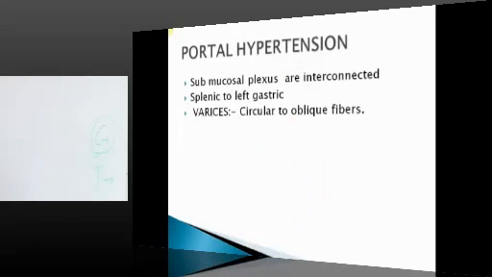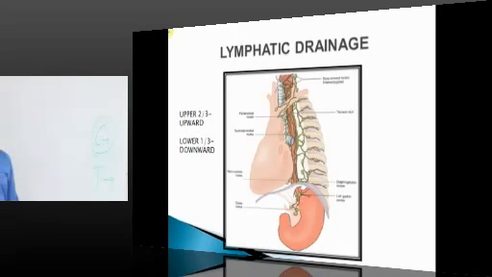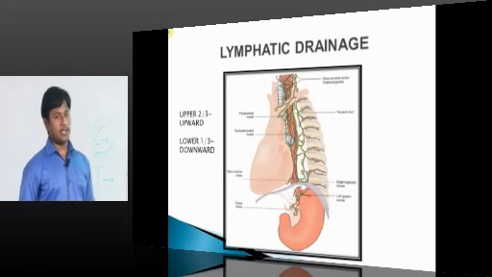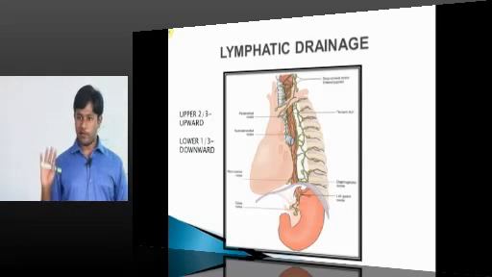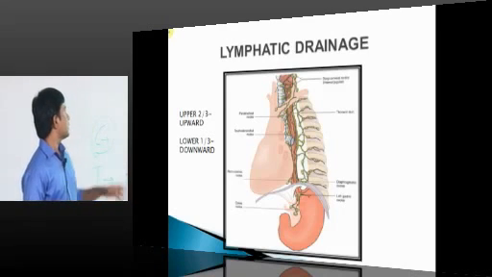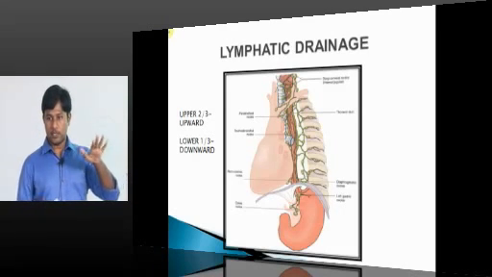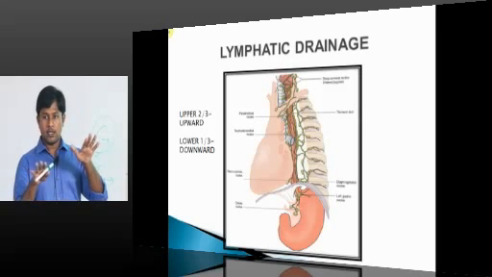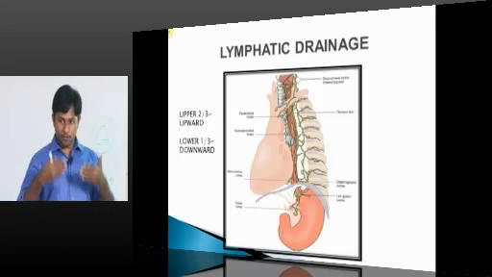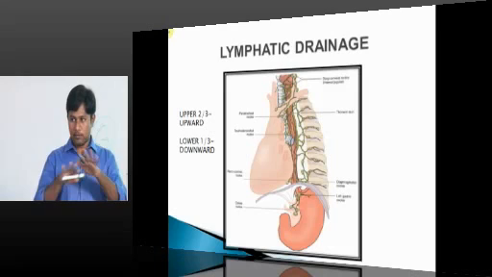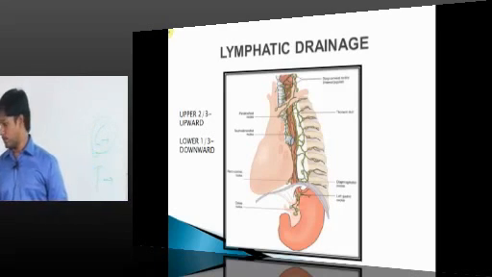Now, I think we discussed portal hypertension, and lymphatic drainage. One important point again: in lymphatic drainage, especially in case of carcinoma, make a division of upper 2/3 and lower 1/3. The upper 2/3 drains upwards and the lower 1/3 drains downwards. Make a note of the division.